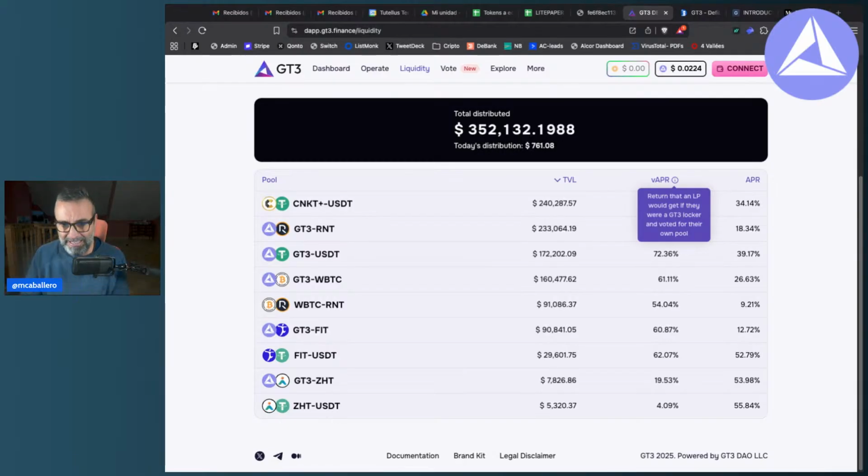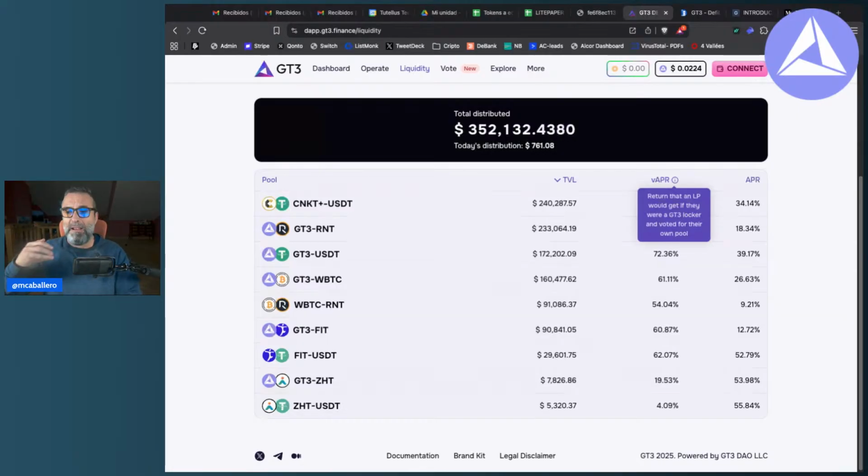We have a functionality we call the voting system. It's based on locking our utility token, which is the GT3. If you lock the GT3 in the form of xGT3, you get voting power. And if you vote for any pool, you get the pool rewards, right? So you have two different revenue sources.